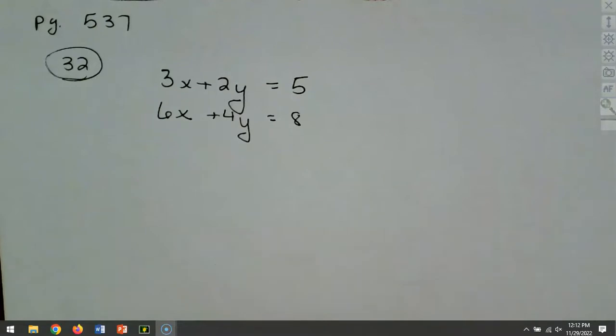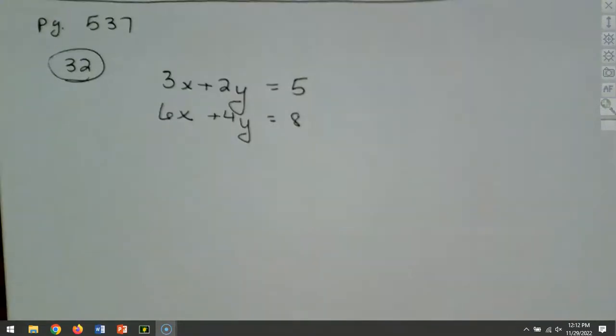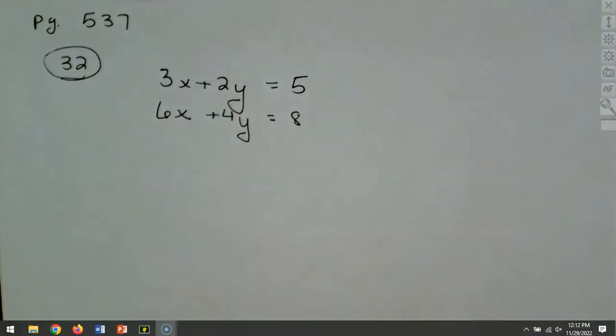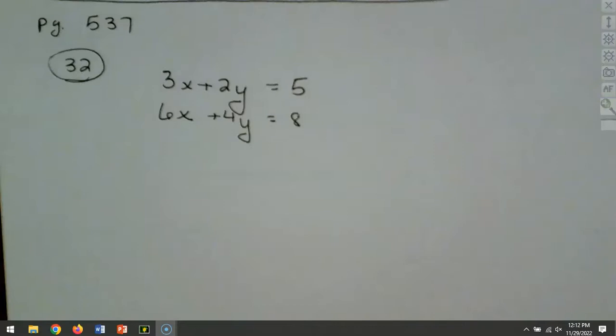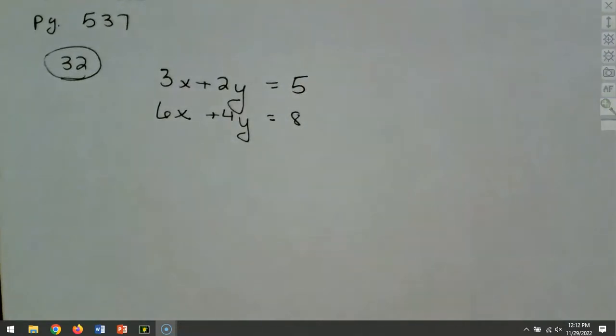Now we need to eliminate a variable. And it really doesn't matter which variable we choose to eliminate. We've got, on the x, we've got 6 and 3, which is easy. Y's, we've got 4 and 2. Doesn't really matter. How about we just go ahead and eliminate for x?